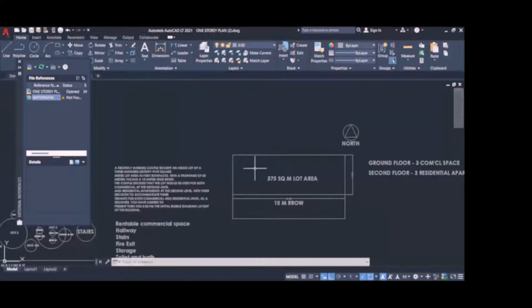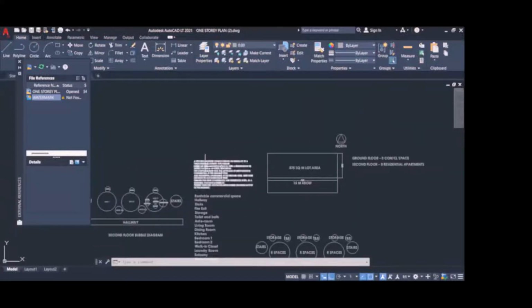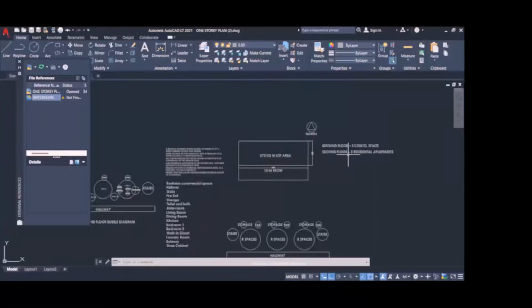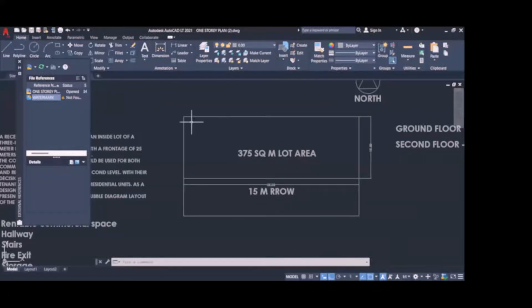It's either 3 sides of the lot are occupied by a neighboring lot also, and 1 area for access or the road. So yun yung inside lot. So having a 375 square meter lot area, yun yung ilagay ko dito, 375 square meter lot area. Yun yung ibig sabihin nun.